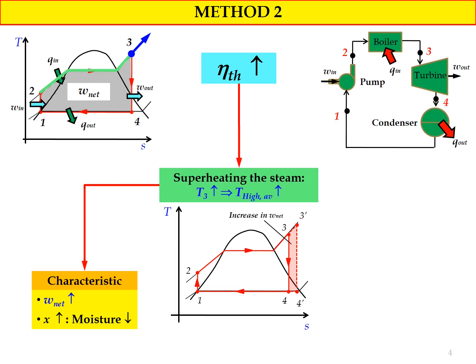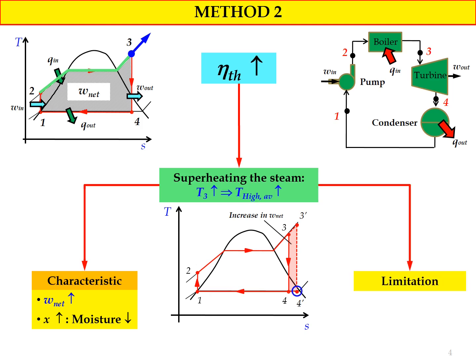This X value represents the quality of the steam at state number 4 prime. If you compare state number 4 and state number 4 prime, state number 4 prime will have a higher steam quality compared to state number 4, and less moisture content will be obtained. So this condition is good for the turbine.